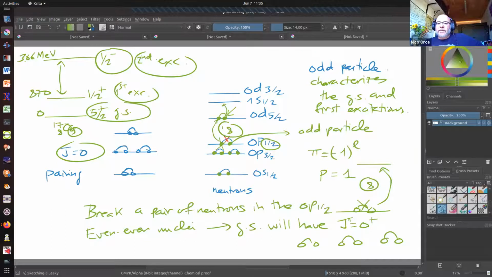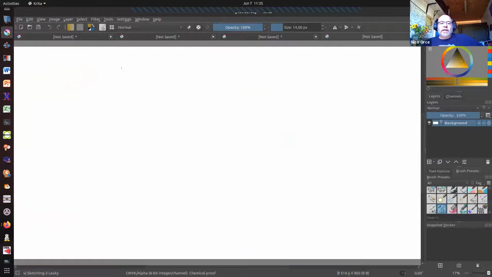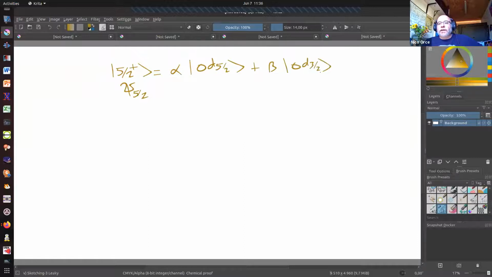In quantum mechanics, any of these guys, I'm going to change the color now, or maybe open a new one. So we have any of these 1/2 minus, 1/2 plus, 5/2 plus. Even for the ground state, the 5/2 plus, the wave function of that 5/2 plus will always be a linear combination of those states that we are discussing here: 0d 5/2 plus beta 0d 3/2 plus gamma 1s 1/2.